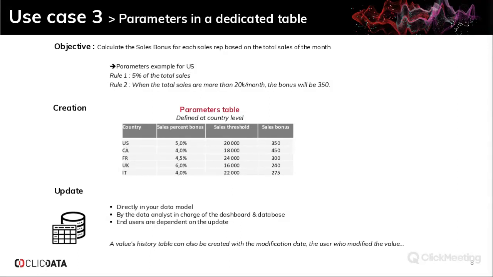And if we want again to go further, in this example we have these values now for all of the countries, but as they can change over time, we can say that we want to create a history table to keep the previous values and to be able to calculate the bonus again on the previous period.